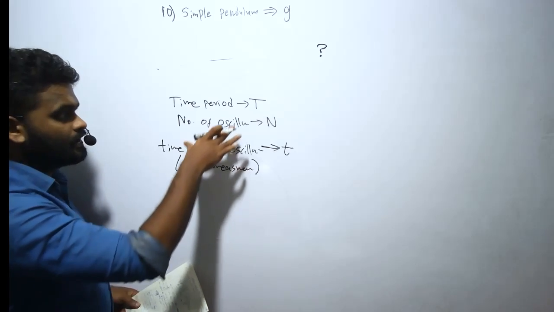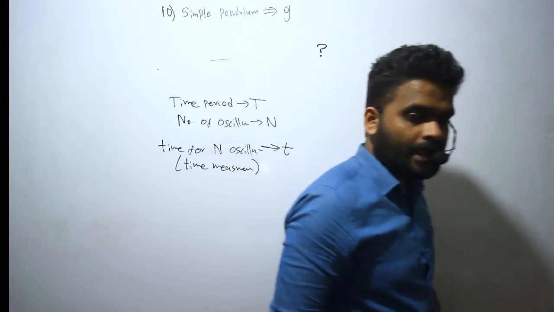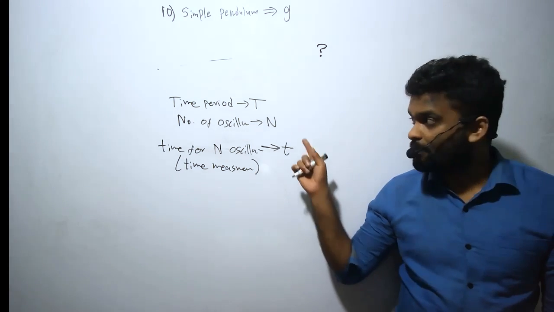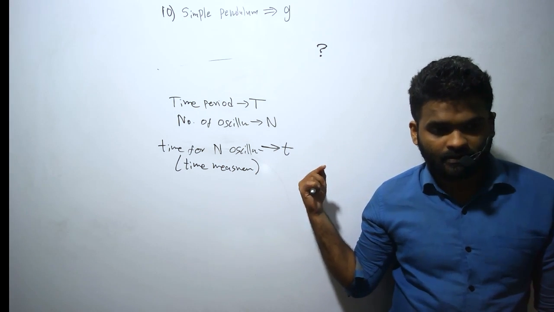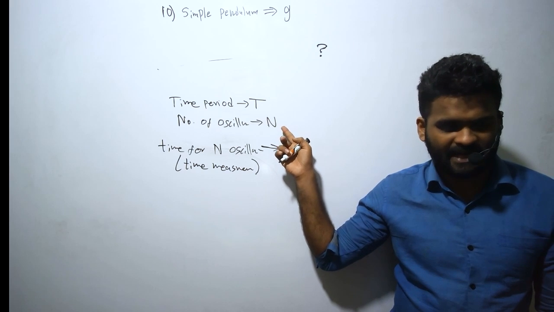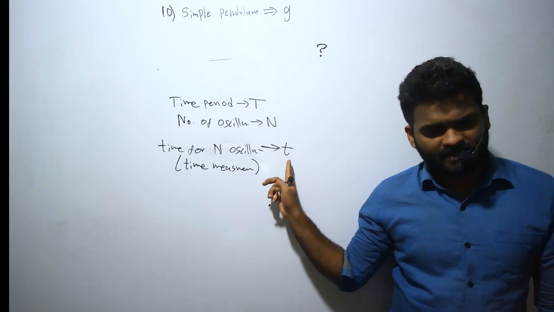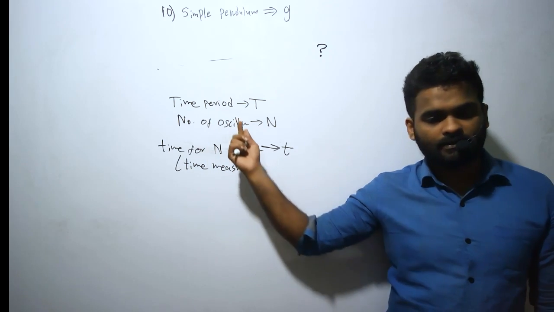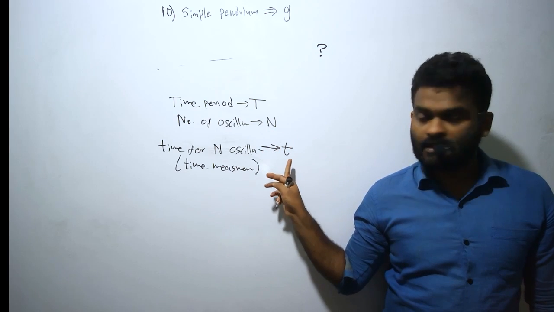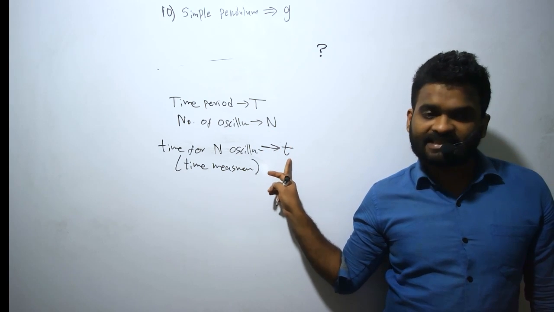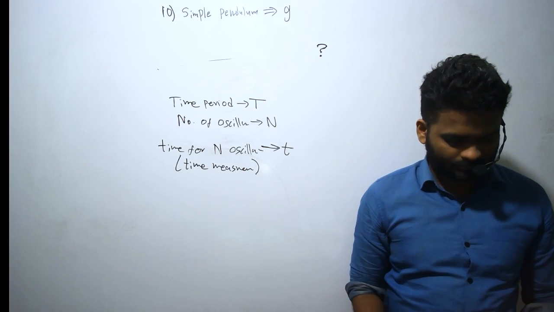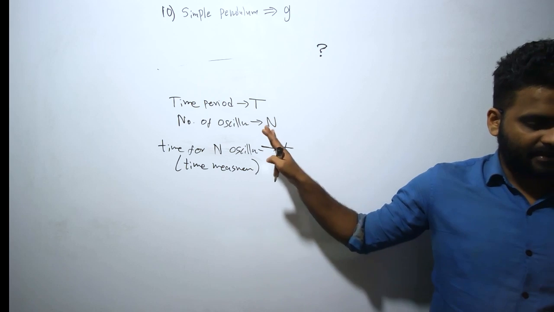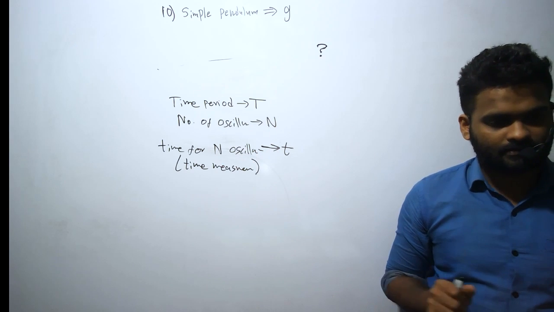Take this down. You have to clearly identify these terms. Capital T is the time period, that is for one oscillation. Capital N is the number of oscillations, meaning 25, but this can be any other value. Simple t is the time you have to wait for all N oscillations. Simple t is what we measure. Take this down. Thumbs up.